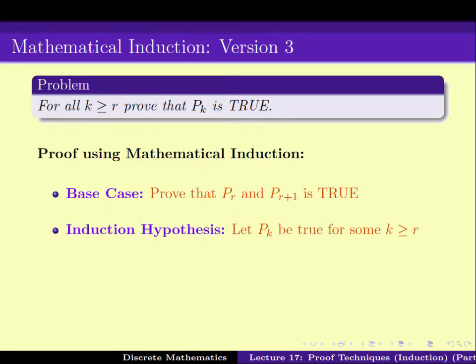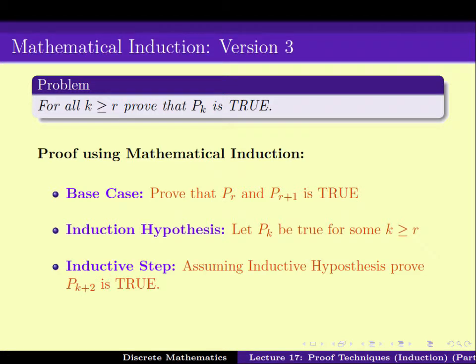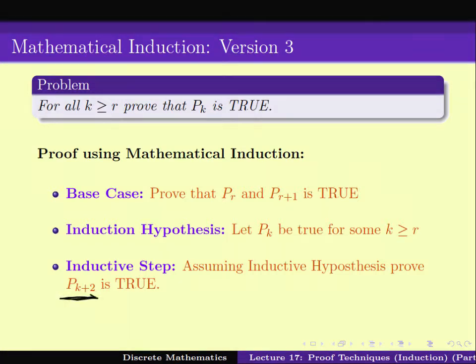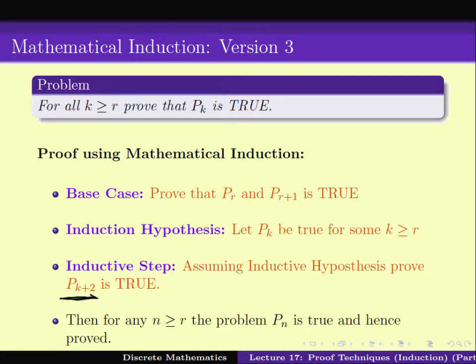The induction hypothesis is the same, but the inductive step is what makes it very interesting. The inductive step says that assuming Pk is true for some k, prove that Pk plus 2 is true. Note that here it is no longer Pk plus 1 but Pk plus 2. And the induction principle basically states that then also we get the whole proof.